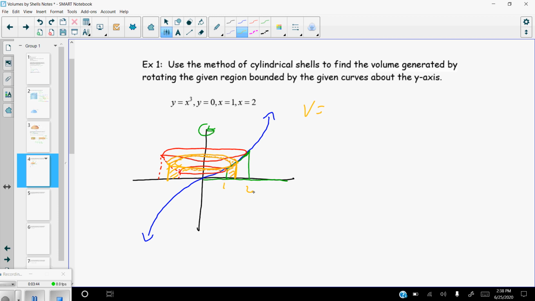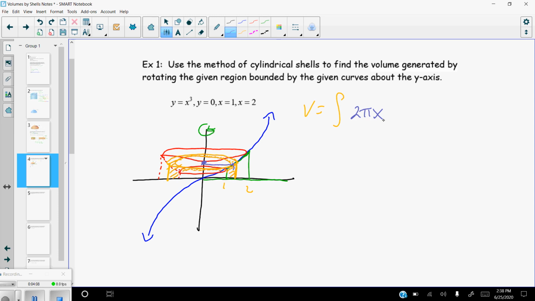Let's put our integral here. The circumference of this thing is 2 pi r. But the radius goes from the center, right here, out to somewhere right in the middle of the shell. That is an x value of some kind. So it's 2 pi x. Okay, that is your circumference.